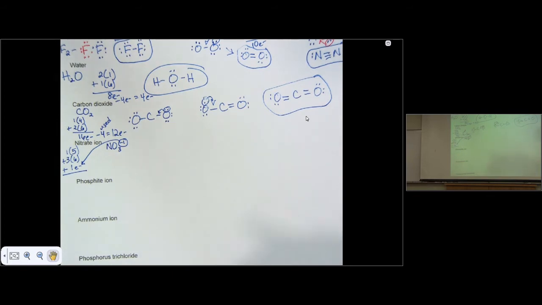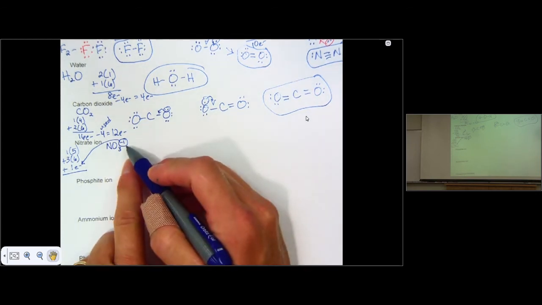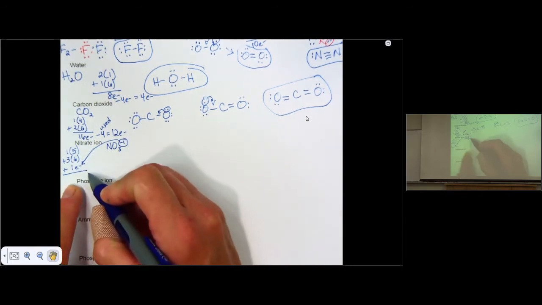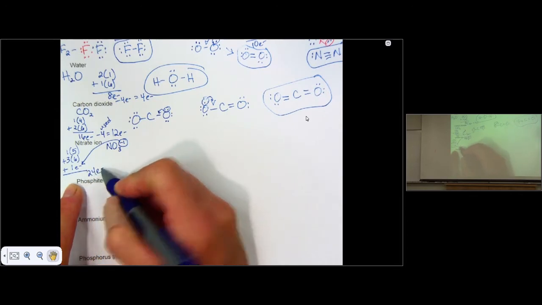But don't worry about where it comes from. If that bothers you, just say there's an electron bank and it's available. It doesn't matter where it comes from. It's there. How do I know it's there? Because nitrate, when it's an ion, has a -1 charge.